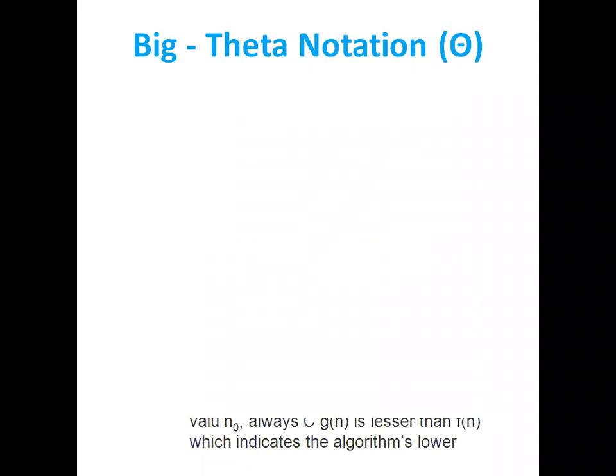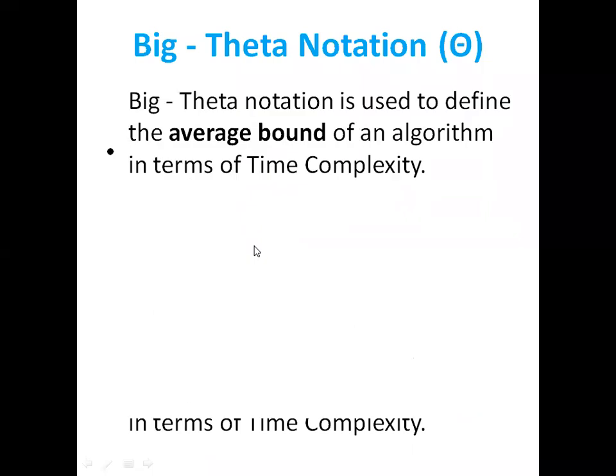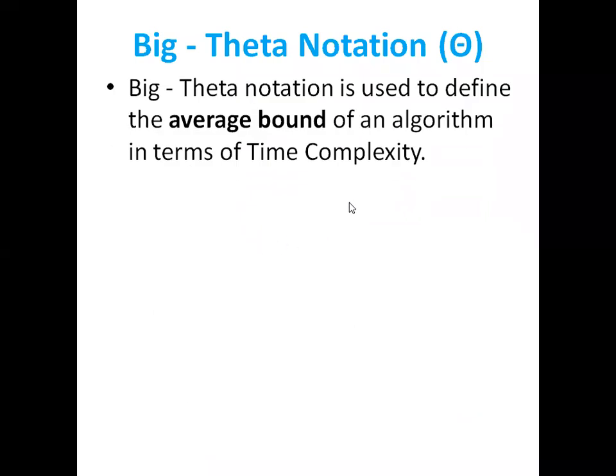Then third is theta notation. Theta notation is used to denote the average bound of an algorithm in terms of time complexity. We have seen that the big O notation is used to denote the worst or upper bound of an algorithm in terms of time complexity.